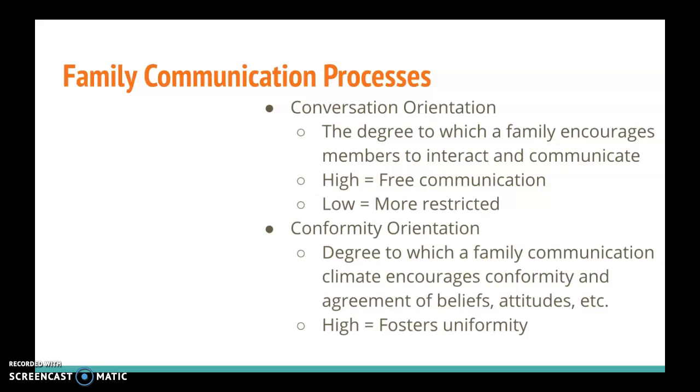So the parents decide the guidelines for what to conform to, and children are expected to be obedient. Conflict in high conformity-oriented families is often avoided in order to protect family harmony, and there's a stress on the interdependence among family members. In other words, the family relationships often take precedence over those outside of the family in a high conformity-oriented family.